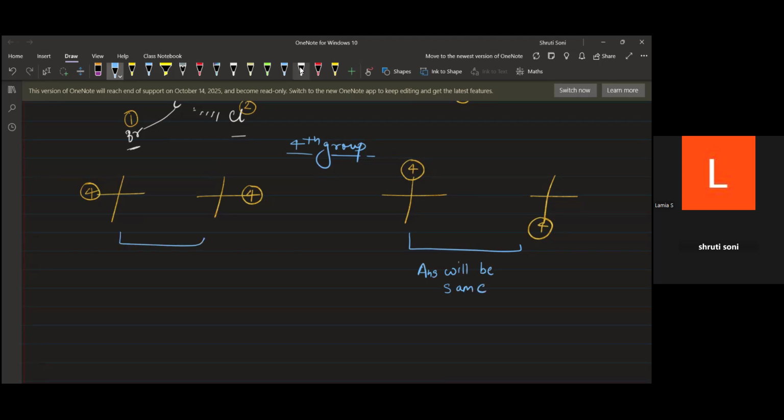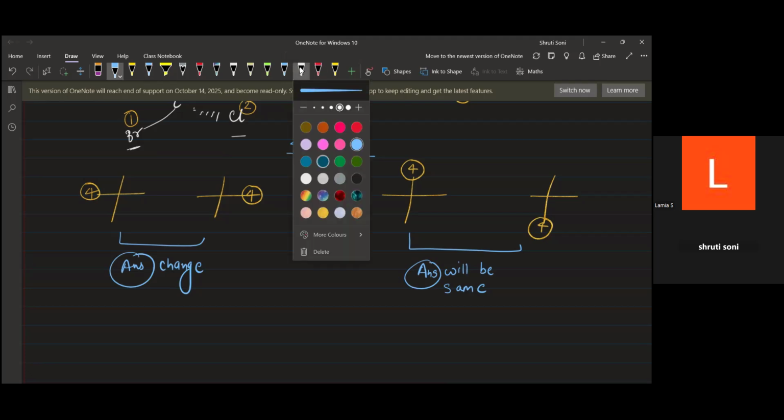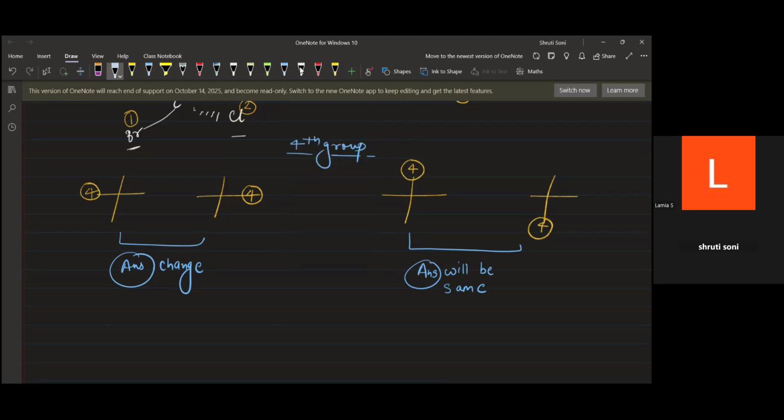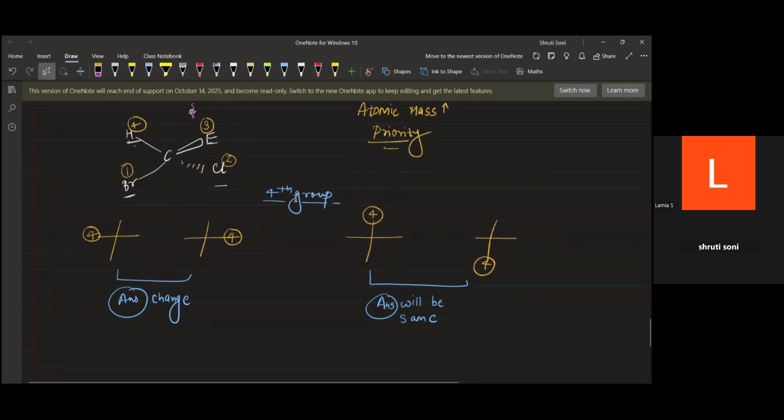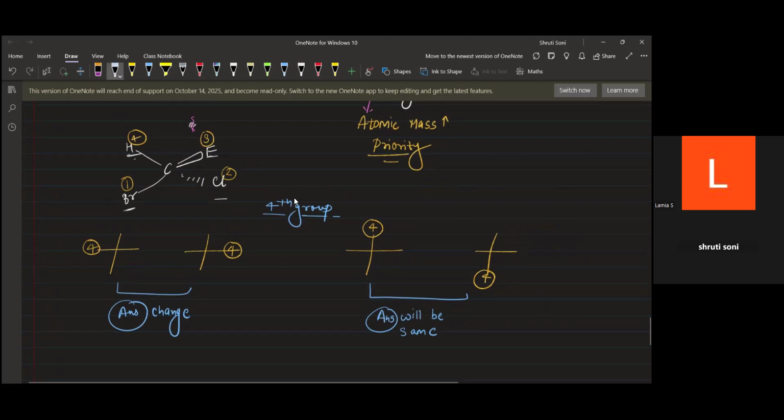And in these two cases, the answer is going to change. You will understand how it works. Okay, so let's suppose first you need to represent this wedge-dash into Fischer.